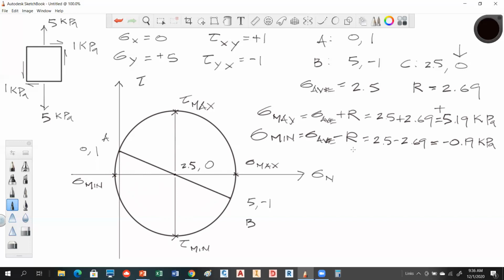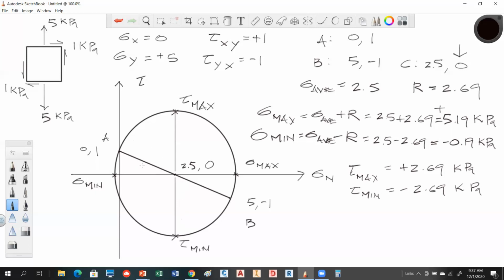Okay. So then the maximum and minimum values of this, max is just going to be R plus, min is just simply minus R. That's also kilopascals. So that's just simply this distance up, that distance down, which is just R.